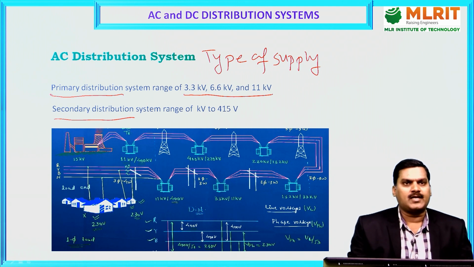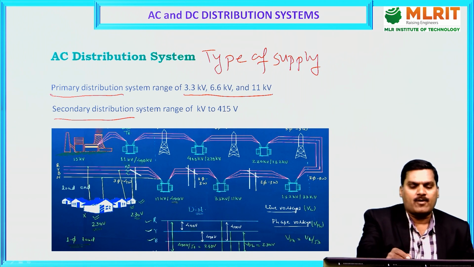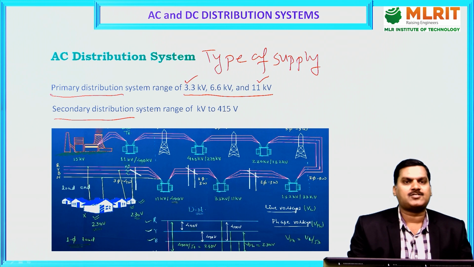Actually, there are the transmission system and the distribution system. Below 11 kV, that is 11 kV, 6.6 kV, 3.3 kV, 415 volts and 220 volts, these are distribution systems. Within that, from 3.3 to 11 kV, we call it the primary distribution system.